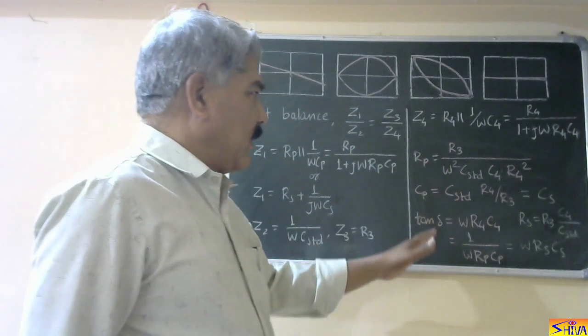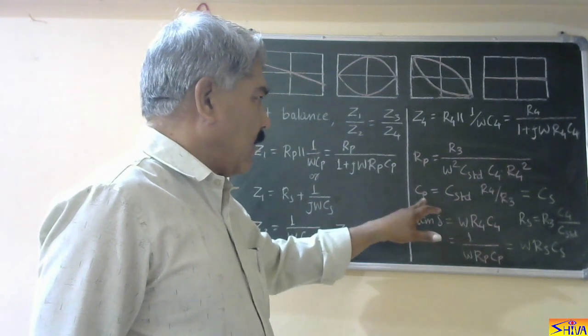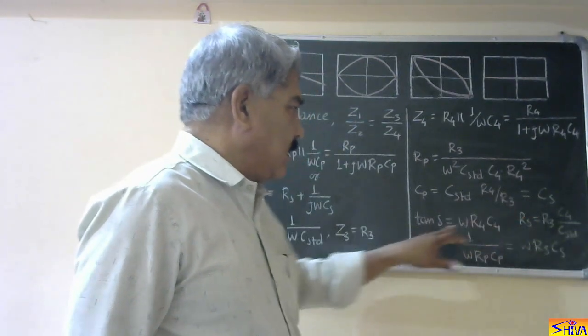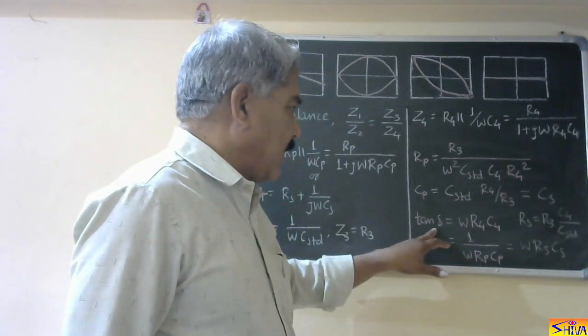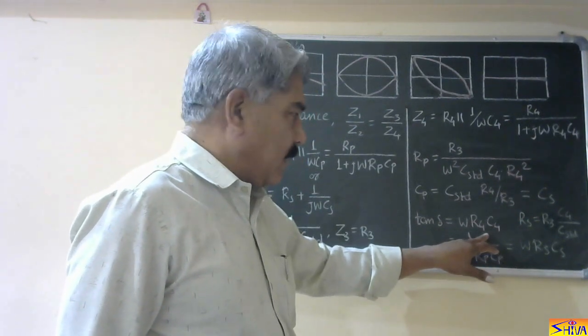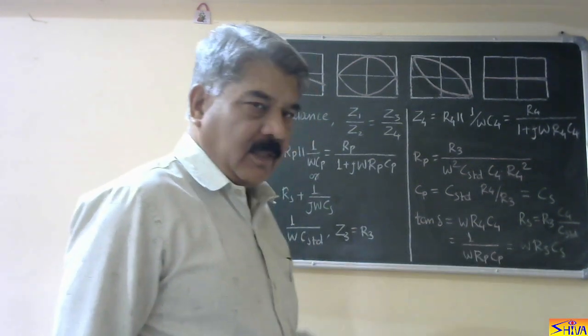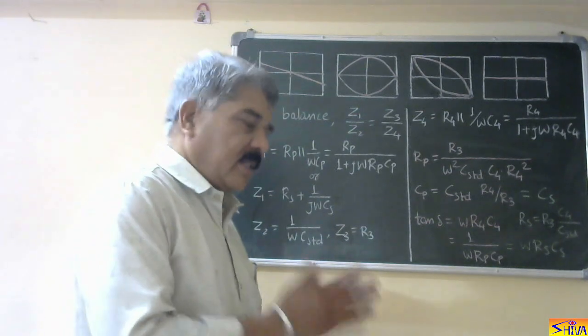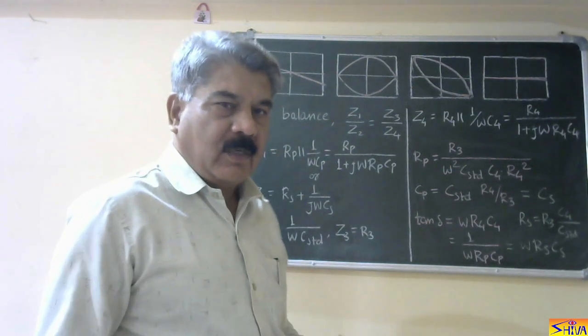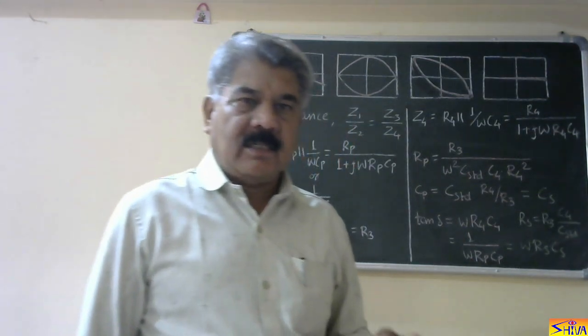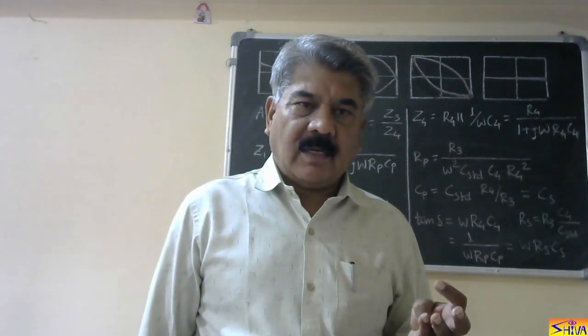So these are the final expressions for Rp, Cp, that is same as Cs, Rs, and tan delta. You can directly find tan delta by the omega R4 C4 formula, or by this formula, or by this formula. So this is how, using high voltage Schering bridge, we can find out the insulation resistance, capacitance, as well as loss factor.